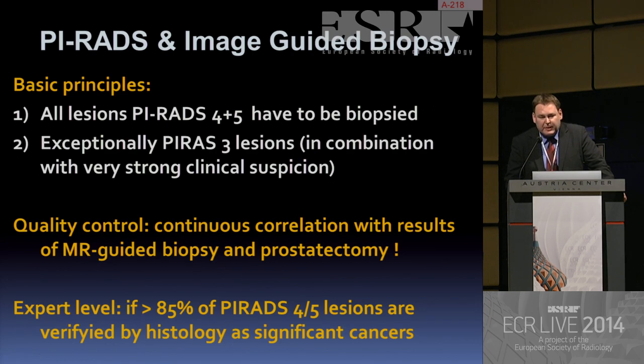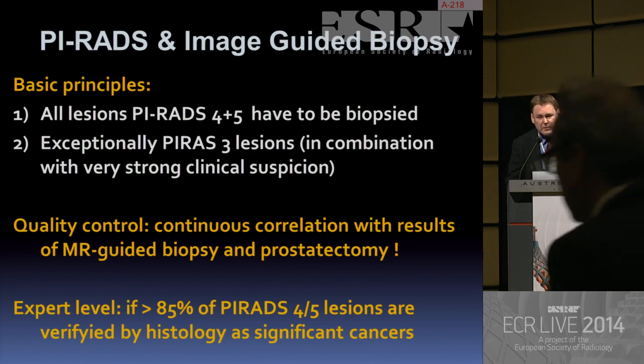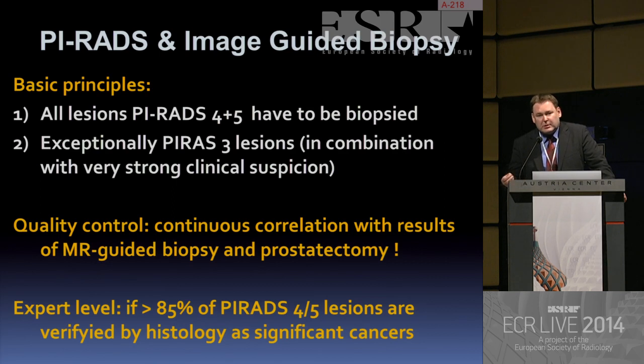It means patients with chronic prostatitis after 3, 4, 5, 6, 7, 8 TRUS-guided biopsies, where you cannot use the criteria of PI-RADS very well because of a lot of changes. So you have a lot of PI-RADS 3 lesions. If you have a very strong clinical suspicion, you can also recommend biopsy of a PI-RADS 3 lesion. It's okay.